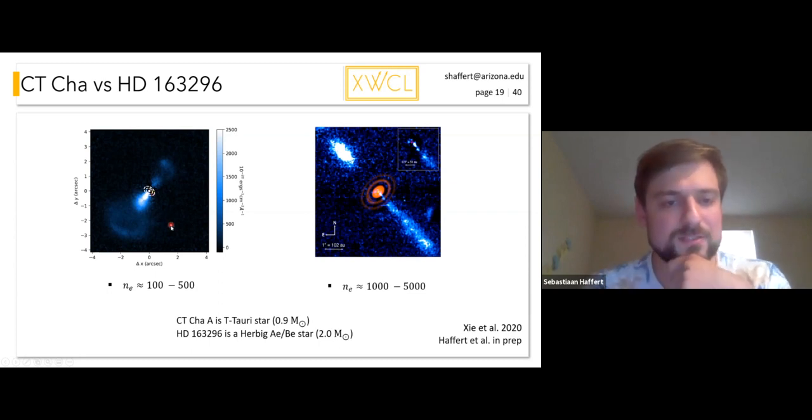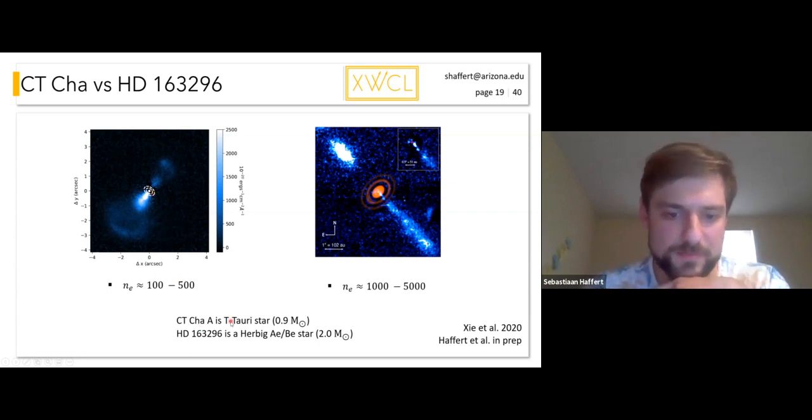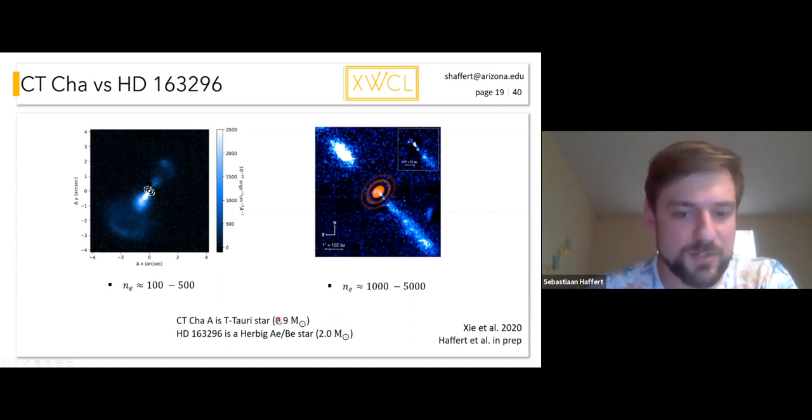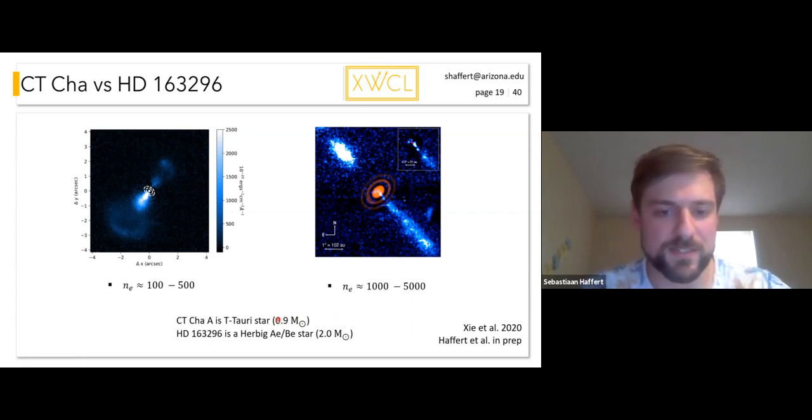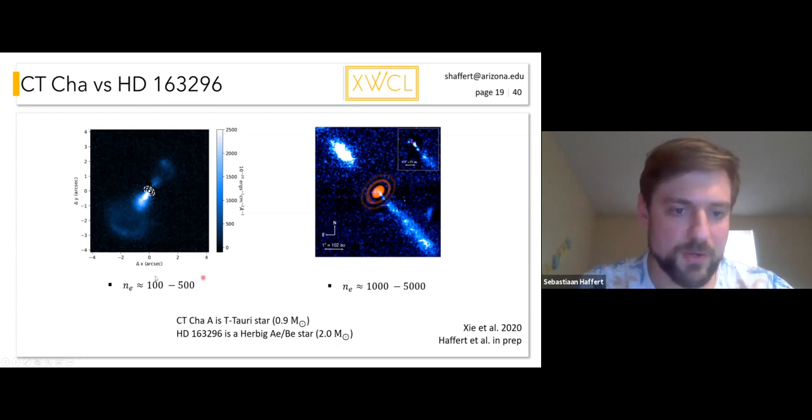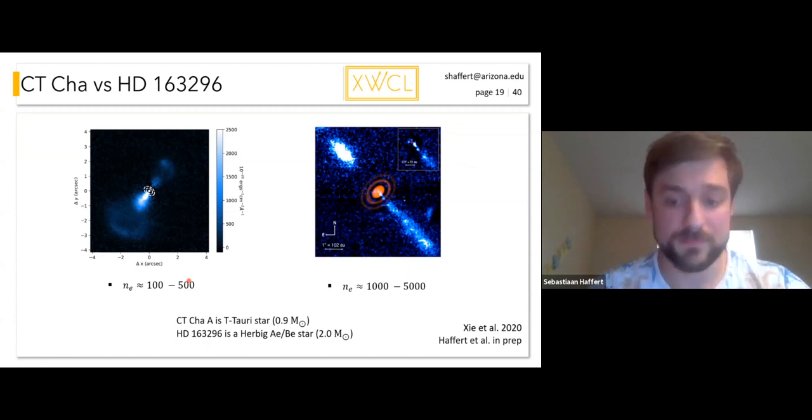And this difference can, of course, be caused by the difference in mass. CT-Cha-a is a T-Tauri star, while HD 163296 is a Herbig Ae/Be star. So that's a large difference. But that low density for CT-Cha is also the reason why it was difficult to detect before, because the emission is really faint. So you need high performance, where you need to get good AO observations to actually see this.